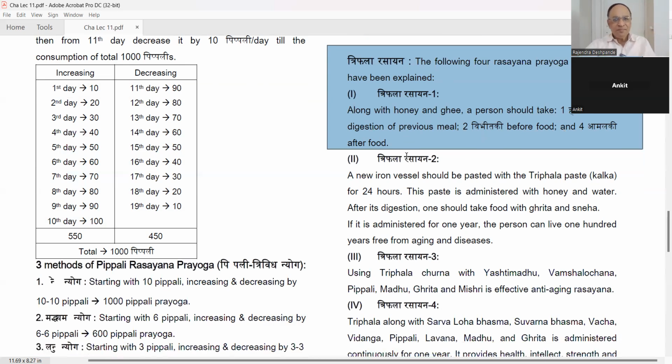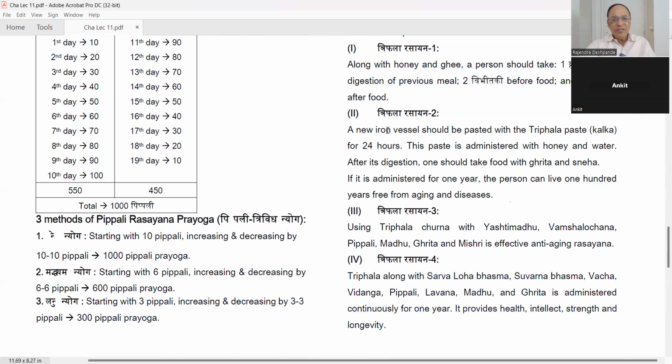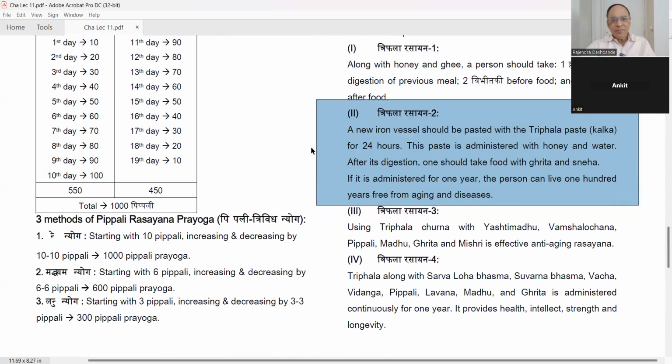Next formulation, here you can see on the screen, Triphala Rasayan 2. A new iron vessel should be pasted with the Triphala paste, that is Kalka, for 24 hours. The paste is administered with honey and water.